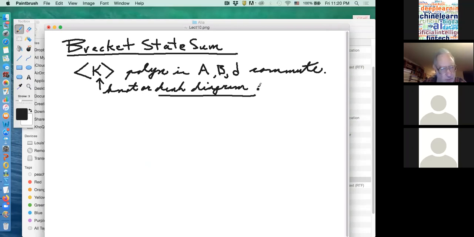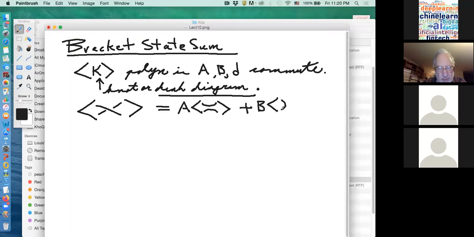We aren't going to use Reidemeister moves. Then we'll see what happens to it under Reidemeister moves. And the rules for doing this are as follows. If there's a crossing in the diagram, then you are going to write it as A times the diagram obtained by removing the crossing this way, plus B times the diagram obtained by removing the crossing this way.